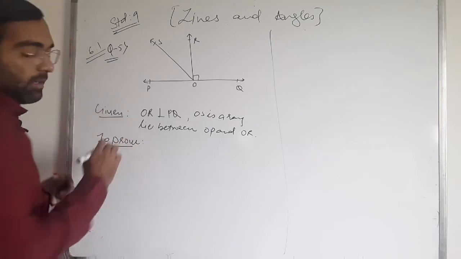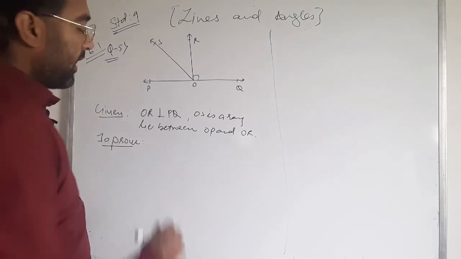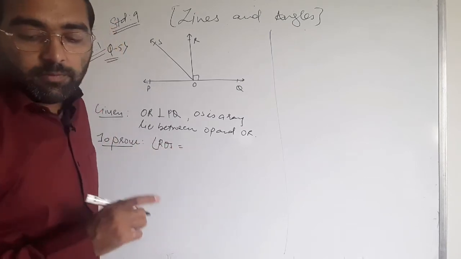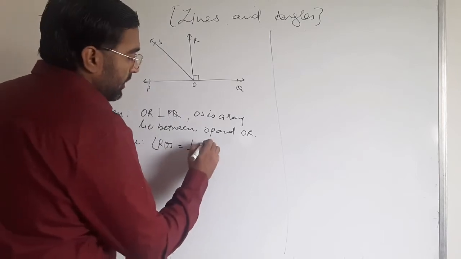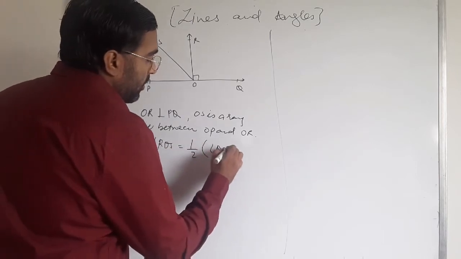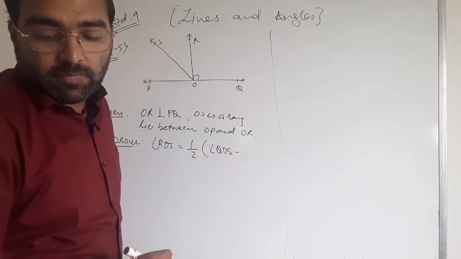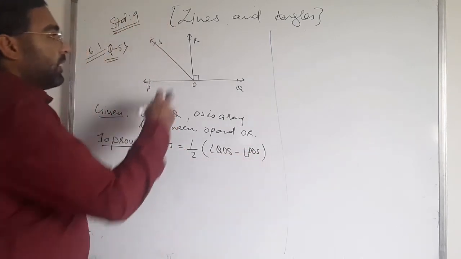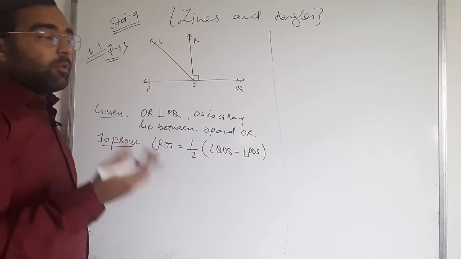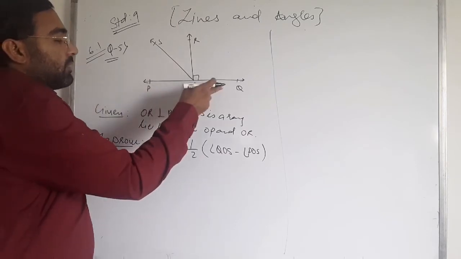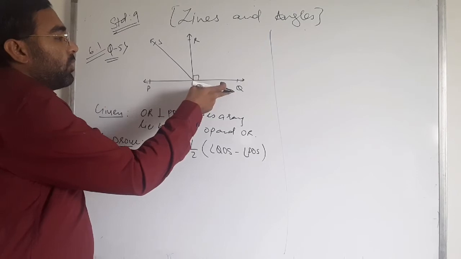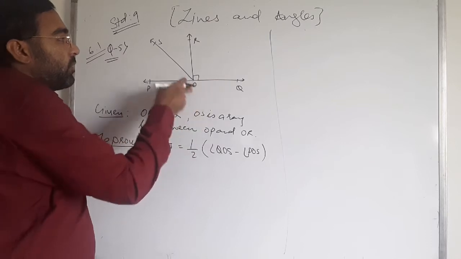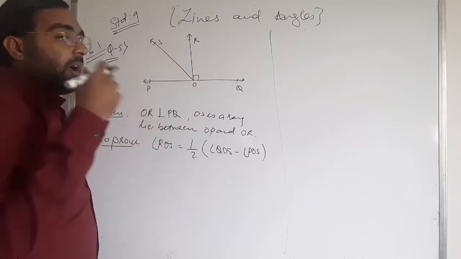that angle ROS is equal to half of, in brackets, angle QOS minus angle POS. You have to prove that angle ROS is equal to half of the difference of QOS and POS.